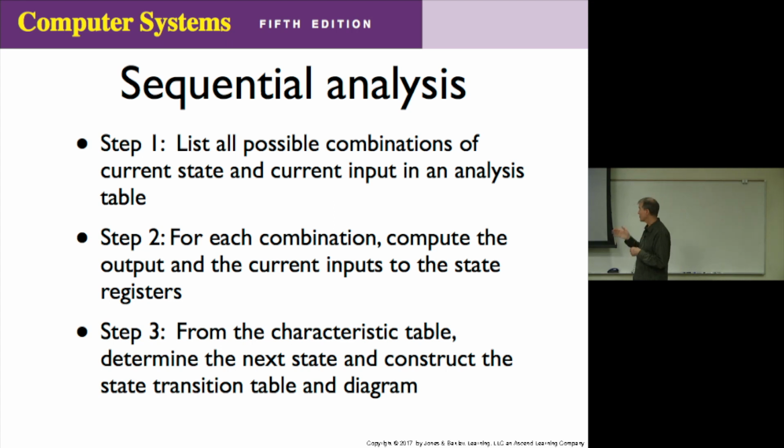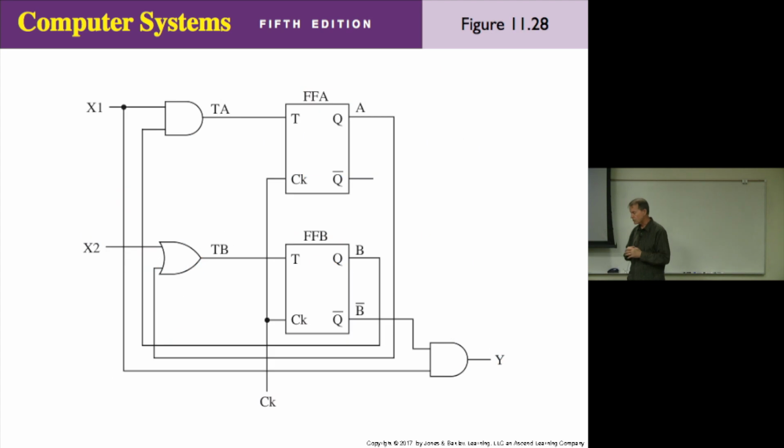So let's see how to do analysis. Here's a bullet list, step 1, step 2, step 3 for analysis. But let's skip over to figure 11.27 and take a look at the circuit that we want to analyze. With analysis, this circuit is given.